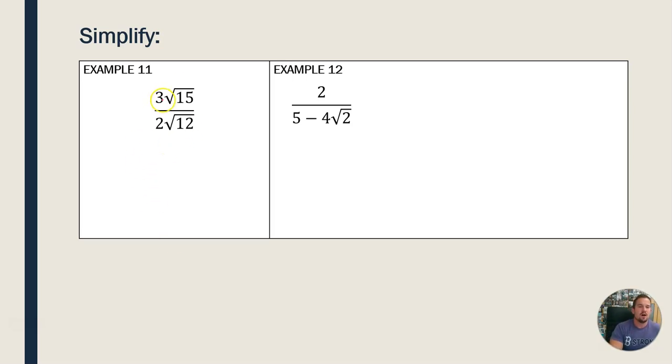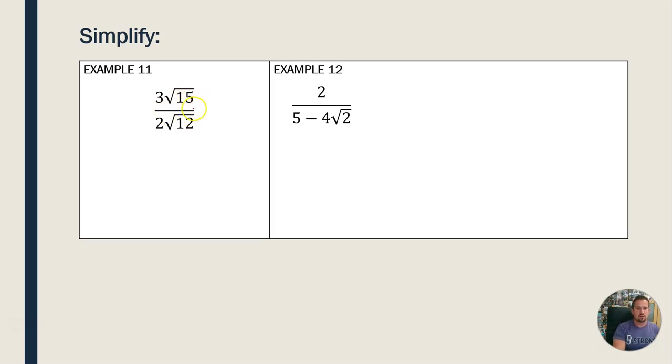First of all, when I'm looking at my coefficients and my radicands, if right from the beginning the coefficients can be simplified, like if 3 over 2 could be written as a simpler fraction, I could do that right from the get-go. Or if the radicands, 15 over 12, could be simplified, I could simplify those right from the get-go. Okay, so let's do it that way, and I'll show you another way you could go about simplifying this problem.